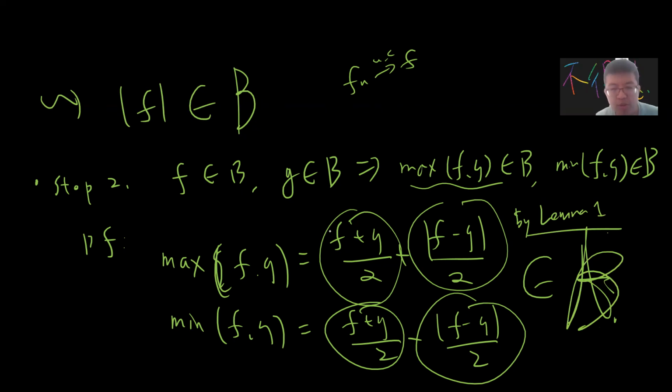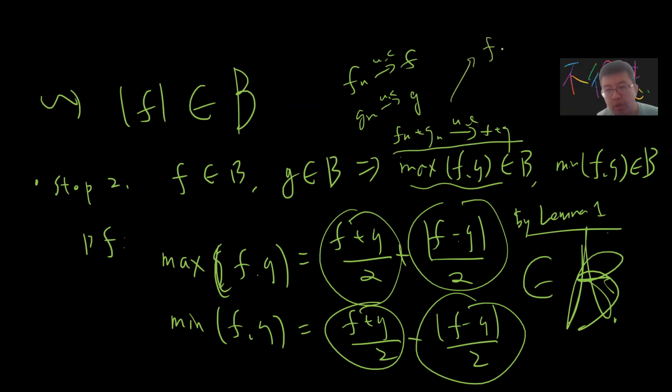If you can find fn converging uniformly to f and gn converging uniformly to g, then fn plus gn will converge uniformly to f plus g, and fn minus gn approaches f minus g. So f minus g belongs to B, and by lemma 1 the absolute value of f minus g also belongs to B. So this is the proof.